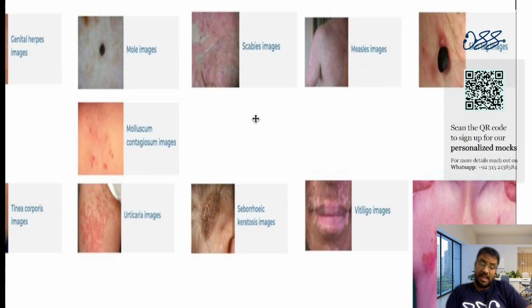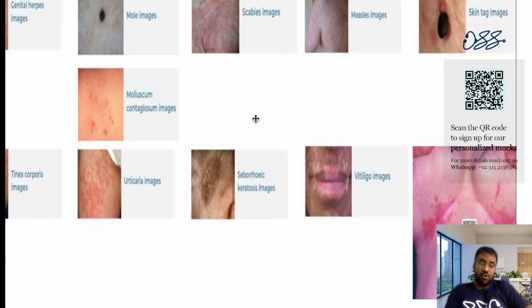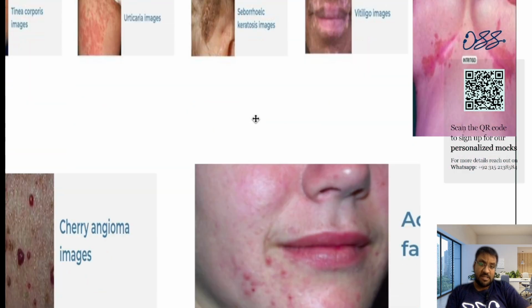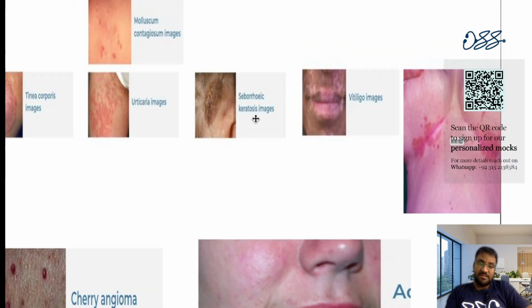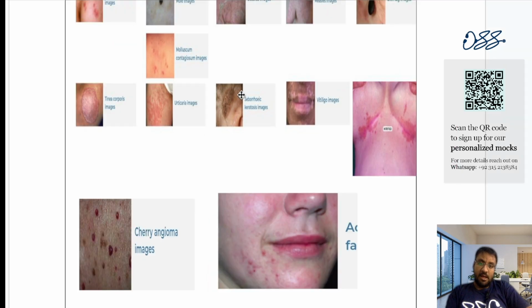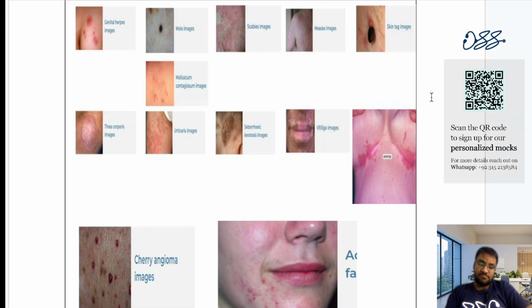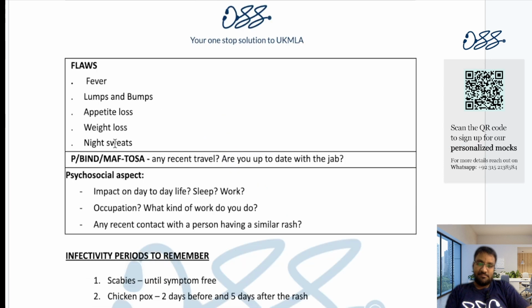But these are not the exam pictures, okay. Do not expect to have the same pictures in the exam, okay. In the exam things may be very different, okay. And you may get surprised as well. All right, so do not just rely on these pictures for your exam purpose.